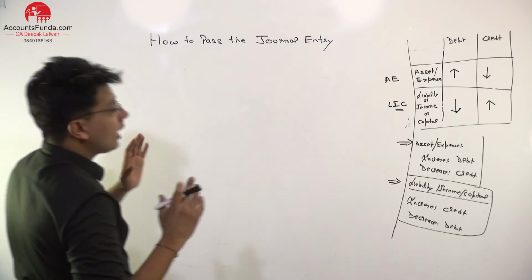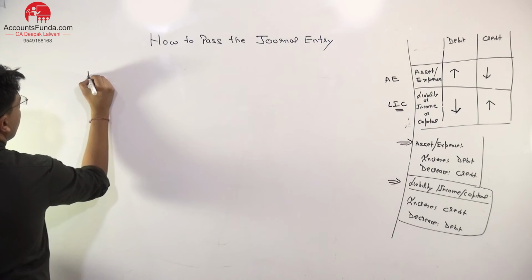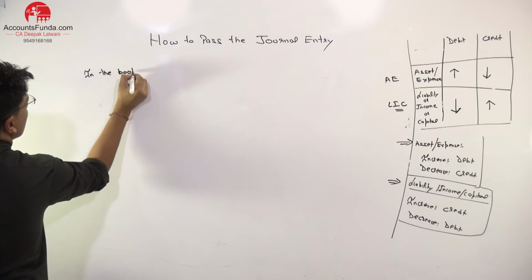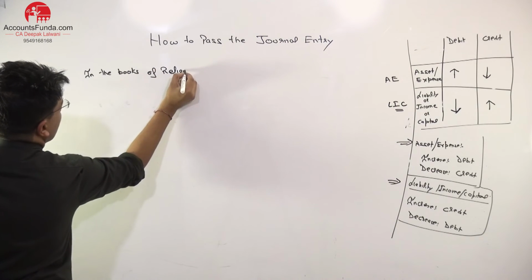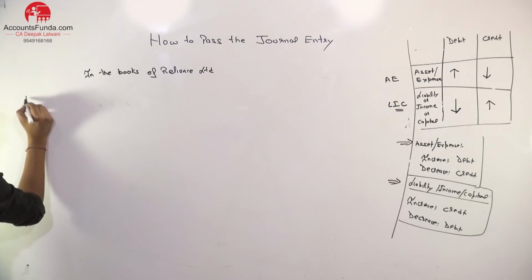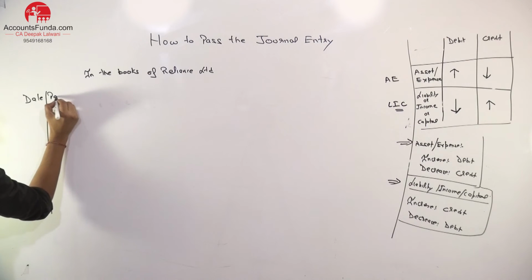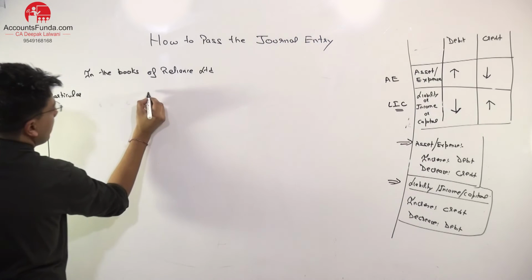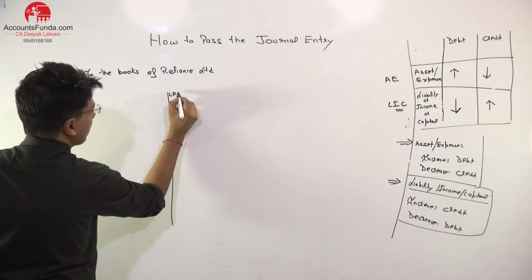Okay, so how will the journal look? I'll give you a simple example. It will look like this. In the books of, let's suppose we are doing accounting for Reliance Limited. The first part is date, then the next part is particular, then the next part is LF.